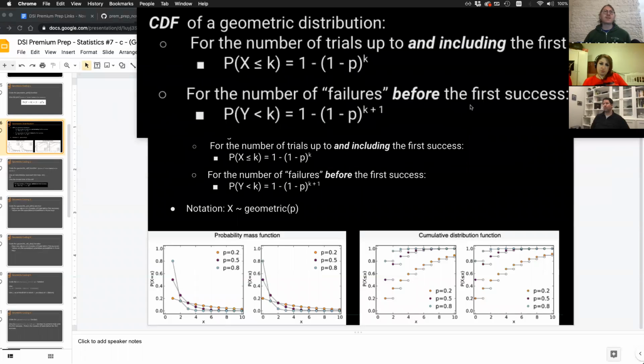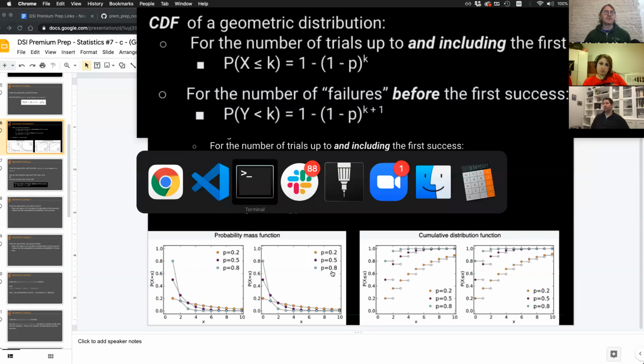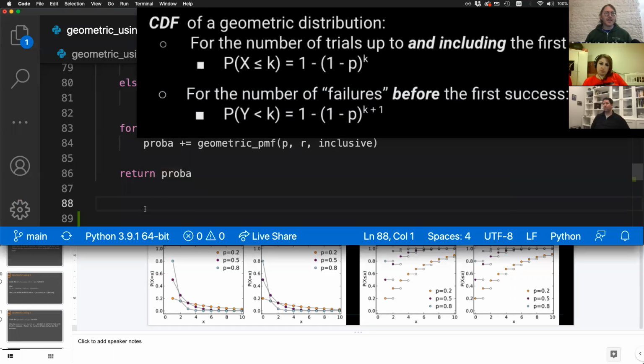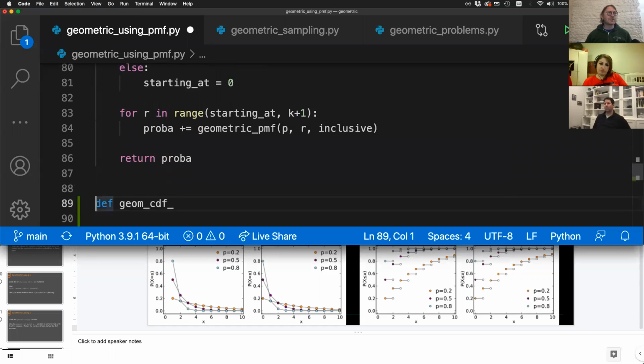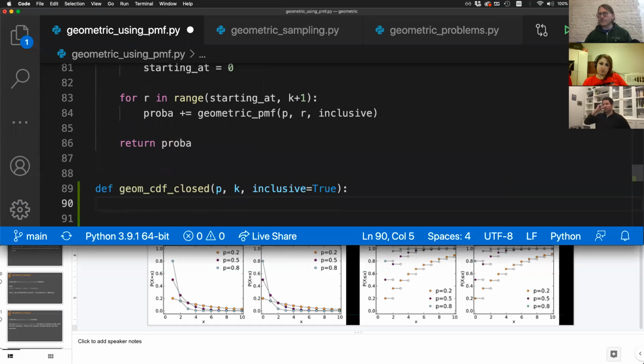So I'm just going to code these really quick. I think these aren't any more complex than what we've already done. I'll hide this. And so I'm going to call this Geometric CDF closed. And we're going to pass in P, K, and inclusive gets true. This time we're not calling out to our PMF at all. We're just going to use this directly.